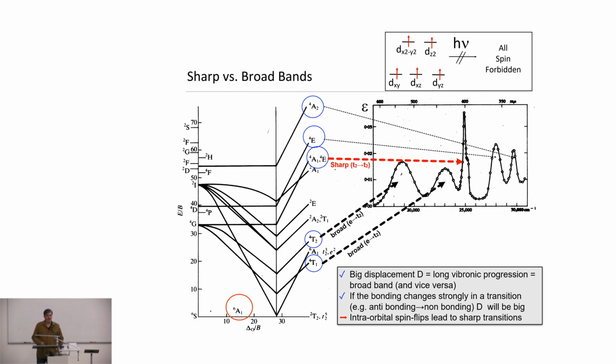Yeah, so these very sharp peaks that you sometimes have in transition metal complexes are indicative of these intra-orbital spin flip transitions. It's a very common feature. Yeah, you have it in most d^n configurations. You have that, and the signature of it is these sharp bands. Yeah. So you see, it kind of all makes sense. It's not arbitrary, and it's not mysterious.